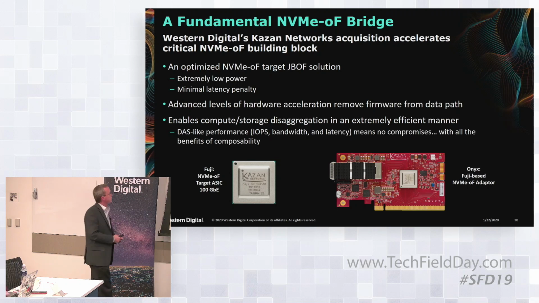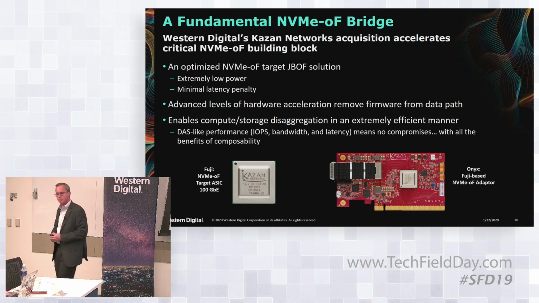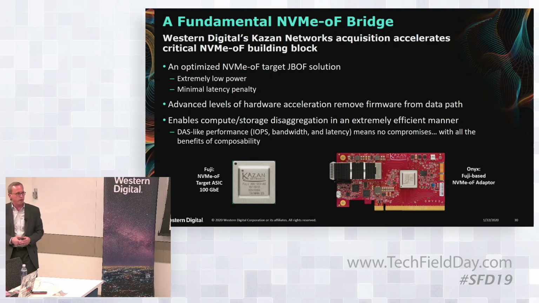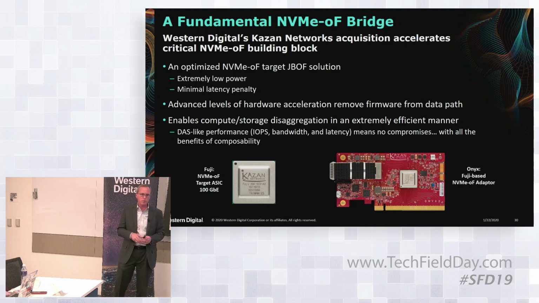So let me talk a little bit about Kazan Networks. Again, this was a strategic investment for us. Very, very high performant bridge, if you will, from PCI to Ethernet. And this is strategic for us because we believe that NVMe over Fabric is part of the future of the next generation data center.